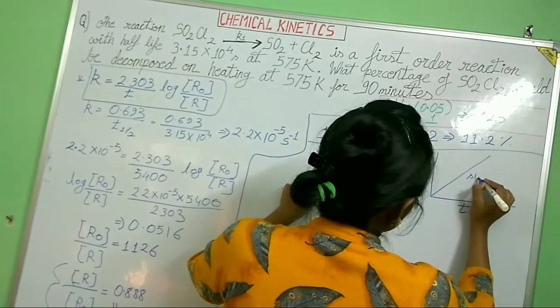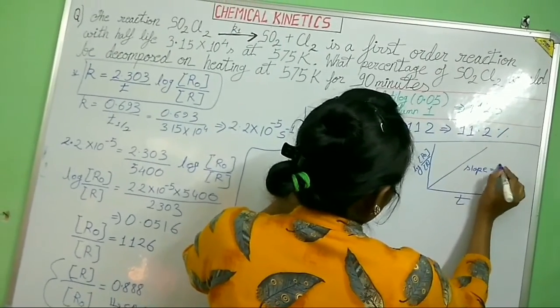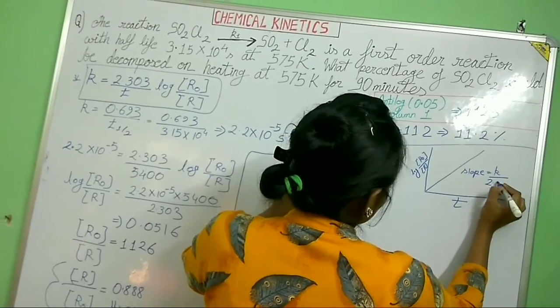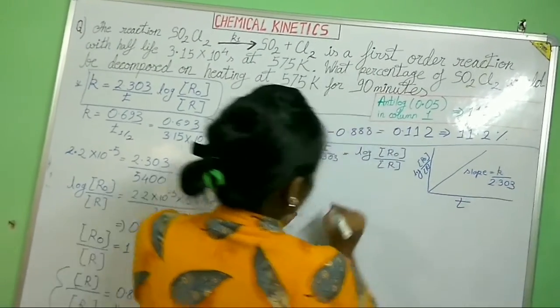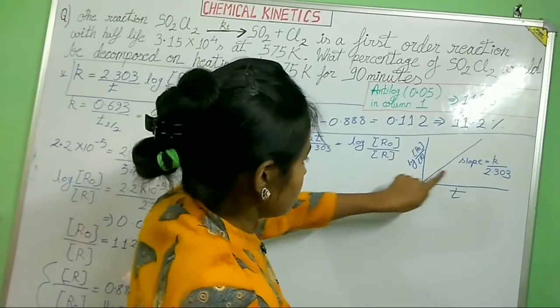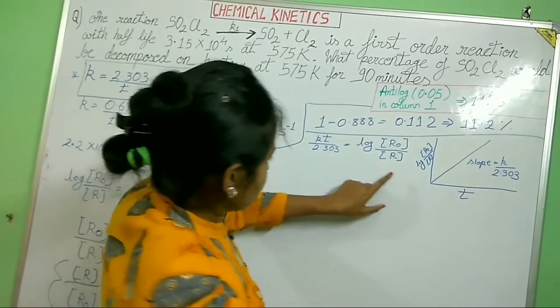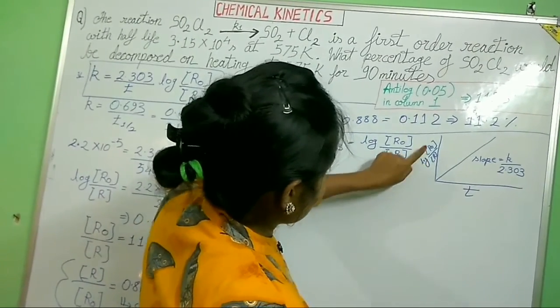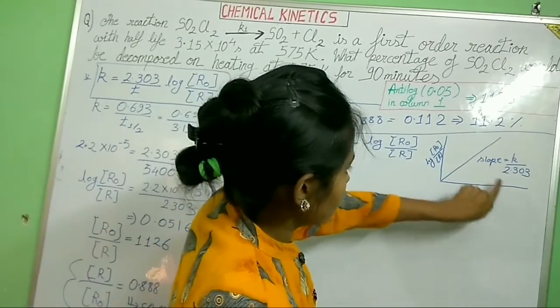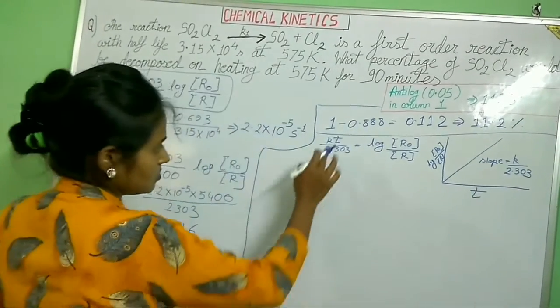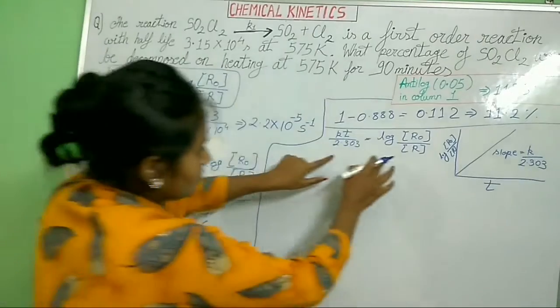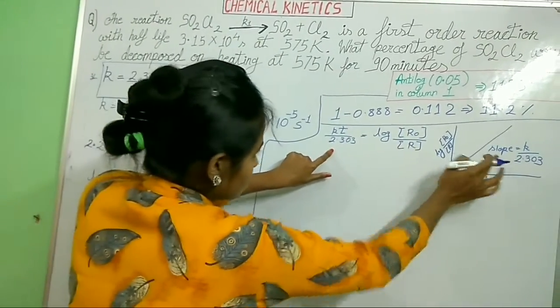Slope will be equal to k by 2.303. Okay, is that clear? On the y-axis we have taken log R naught by R, on the x-axis time, and slope will be k by 2.303. This formula and this formula are the same, and we have plotted the graph here.